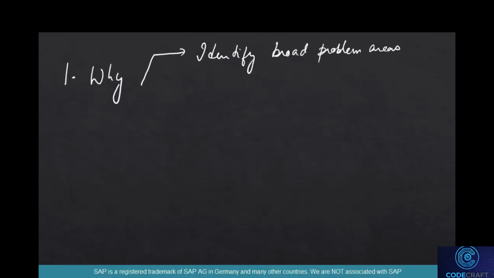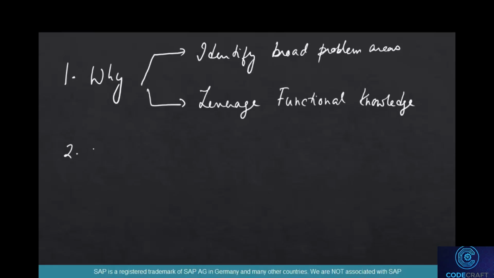Same thing with CRM, FI, CO. Since you know the area that you're working on, it's easy for you to identify the tables, the programming logic, the messages, user exits, and so on. So as a functional consultant, your knowledge of the system and of what's going on in terms of functionality is going to be extremely useful to quickly identify and debug problems, much better than an ABAP consultant.